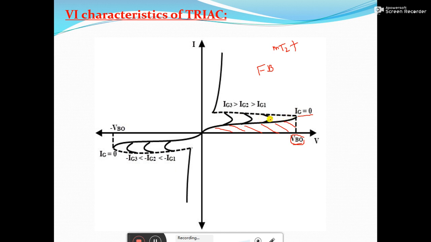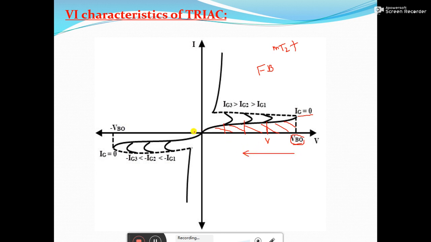The same negative resistance characteristics is observed with a higher gate current value here. The only difference is the breakover voltage is now reduced, and this is for a higher value of Ig. As the Ig values increase, the breakover is achieved at an earlier stage.